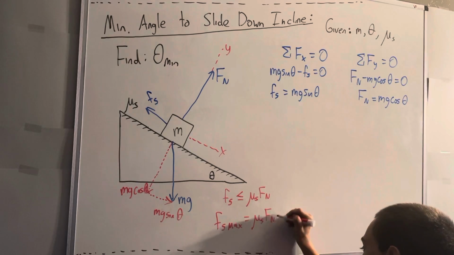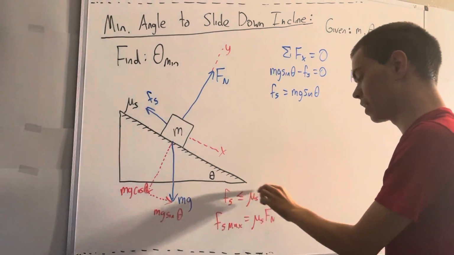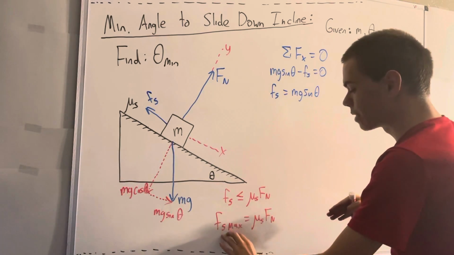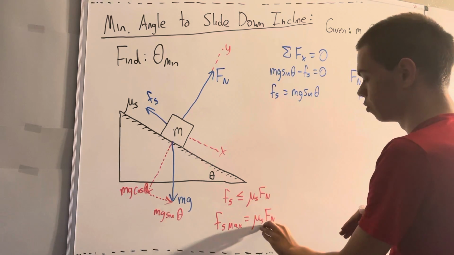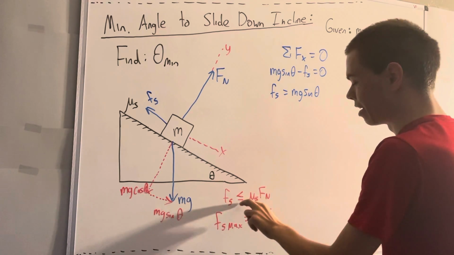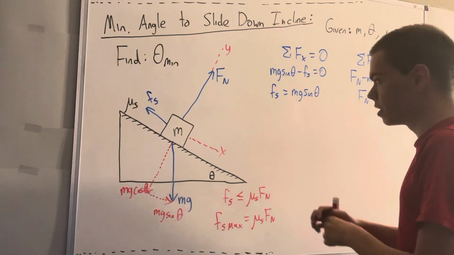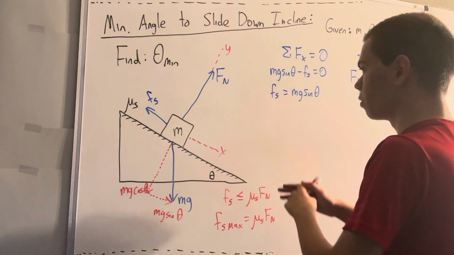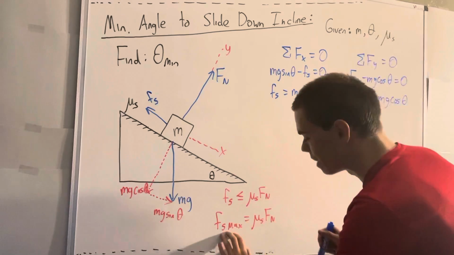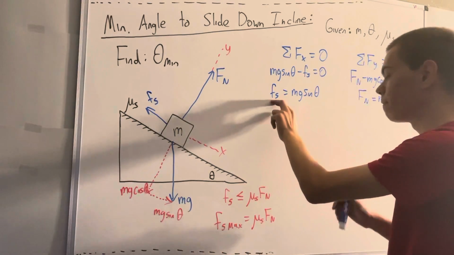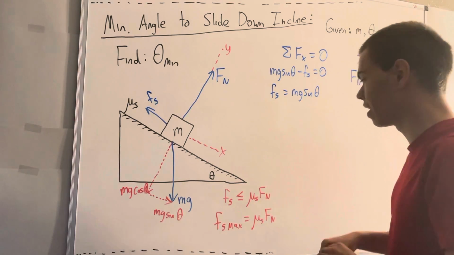And so hopefully this idea makes sense, where if our static frictional force is less than or equal to some value, mu s Fn, then our maximum possible value for the static frictional force is going to be equal to that value. So this would be the maximum static frictional force. And since we want to find the minimum angle, that means we have to involve the maximum static frictional force. And so we're going to replace Fs with the maximum static frictional force that we could have, which is mu s Fn.